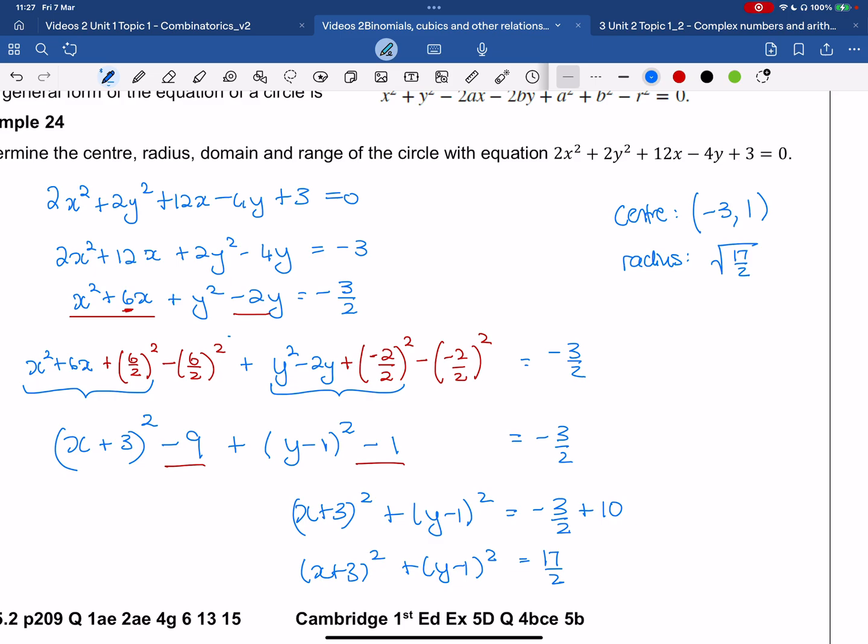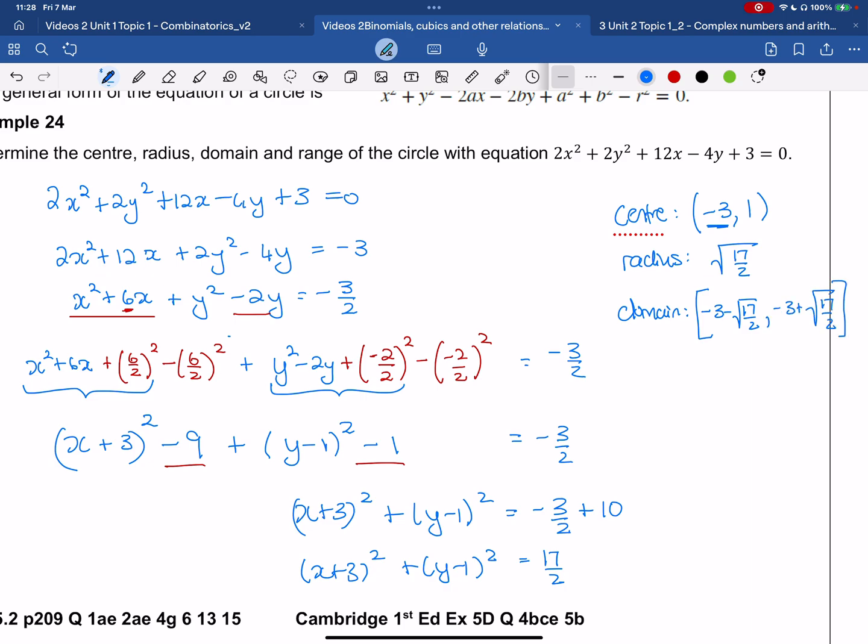And our domain will be our x value of our center minus root 17 on 2. So it'll be negative 3 minus root 17 on 2. Because we've got a circle, it's included, and then negative 3 plus root 17 on 2.